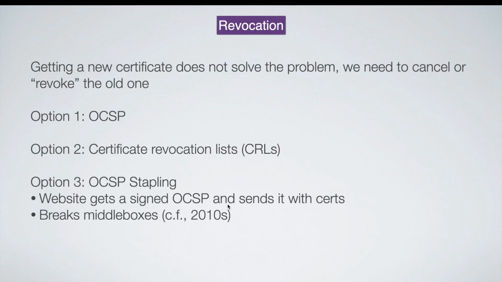Now, there's a third option that's actually a brilliant solution. It's the perfect solution to this problem. Go back to the example of you being the CA for Google. Every time someone goes to Google, the very first time anyway, they're going to hit your server and ask about the certificate. So 10,000 people go to Google in the next second, and you get 10,000 requests at your server.